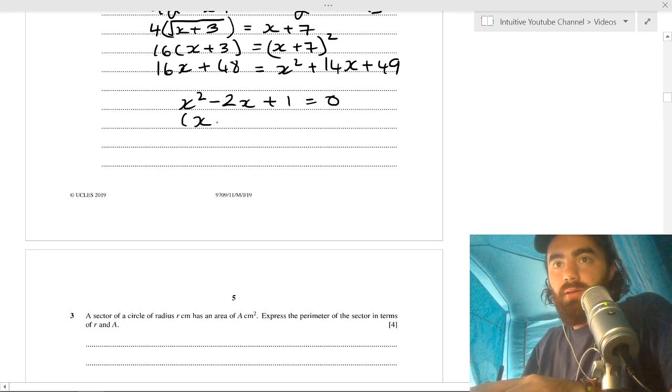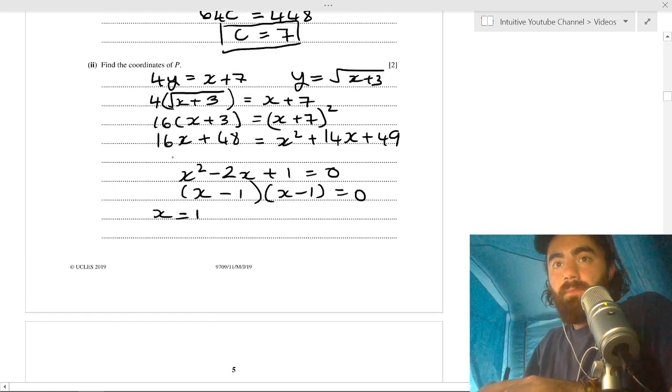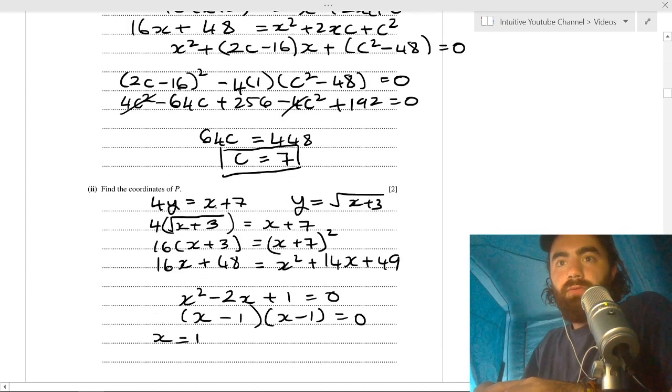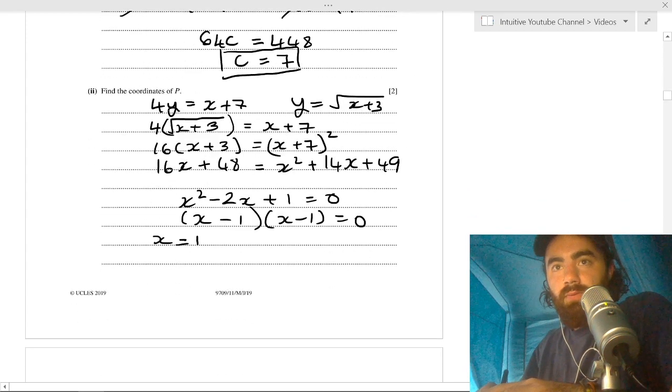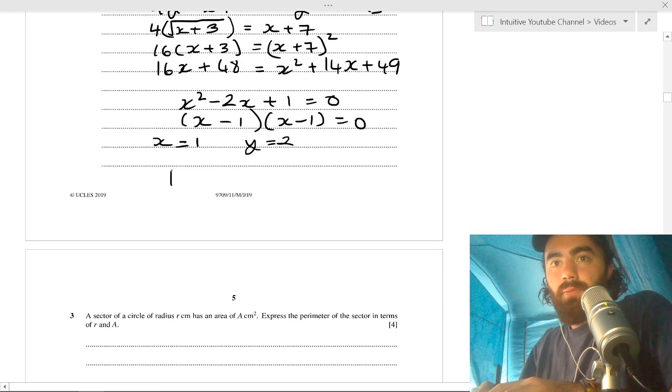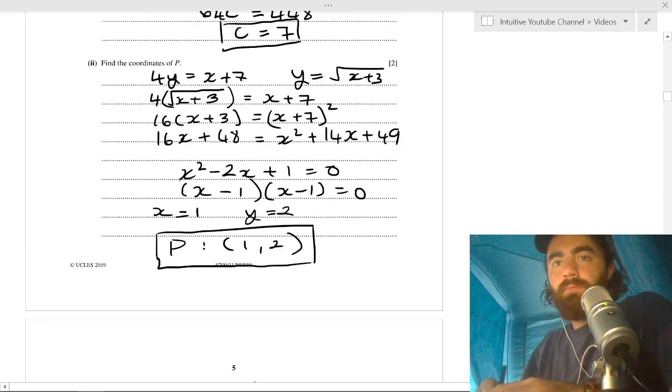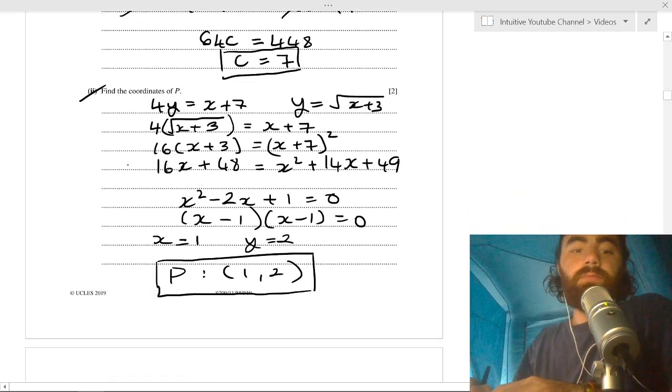As expected, we get a repeated root because it only intersects at one point, point P. So therefore our x of P is 1. Then to find y, we just substitute into here. So we'd get 4y equals 8, which means y equals 2. So our point P is at (1, 2). Cool.